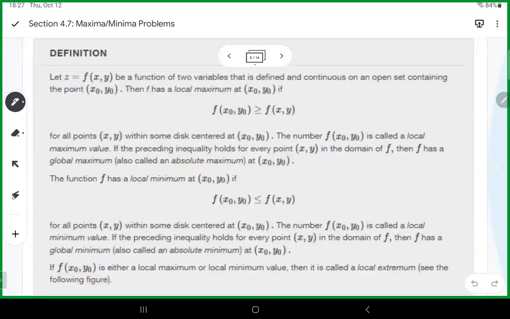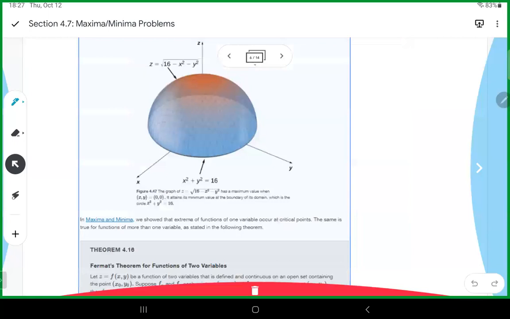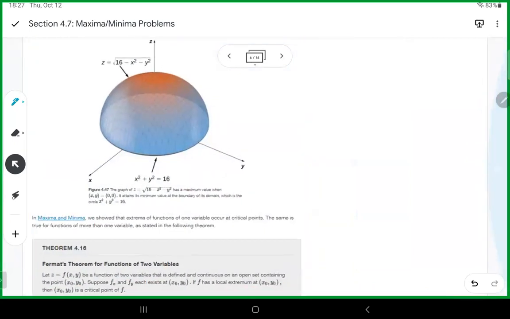All right, we got some definitions. Just a definition with some stuff on it. We have a nice little theorem brought to us by Burnett.